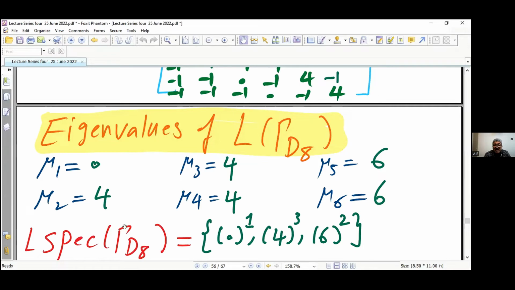So the Laplacian spectrum for the non-commuting graph of the dihedral group of order 8 is 0 with multiplicity 1, 4 with multiplicity 3, and 6 with multiplicity 2.